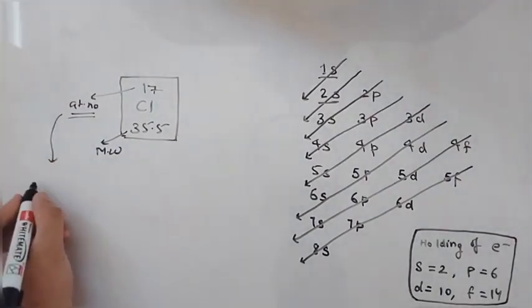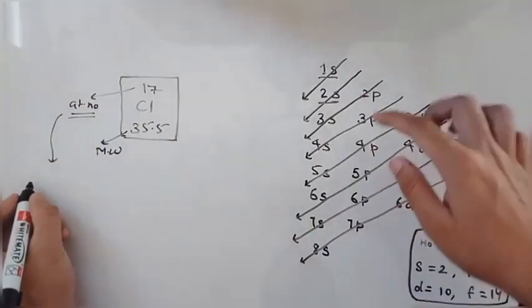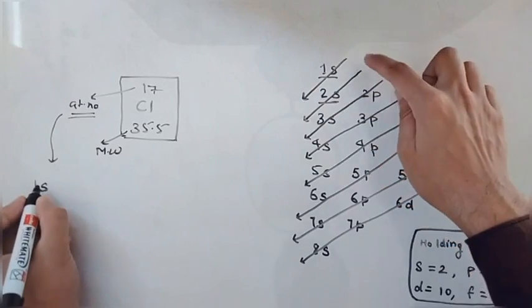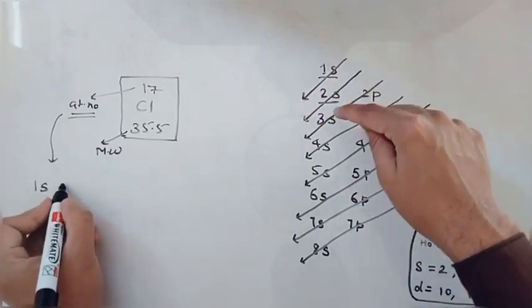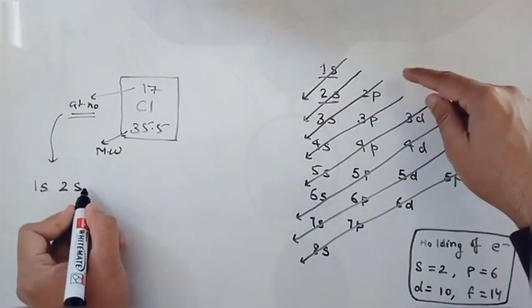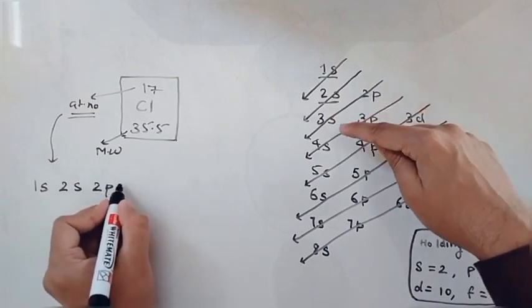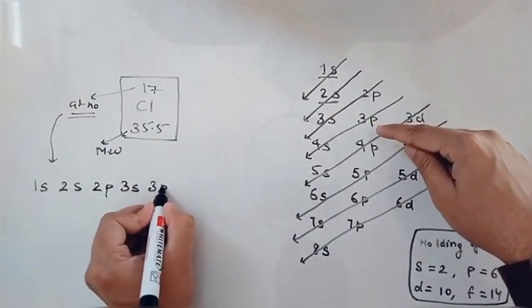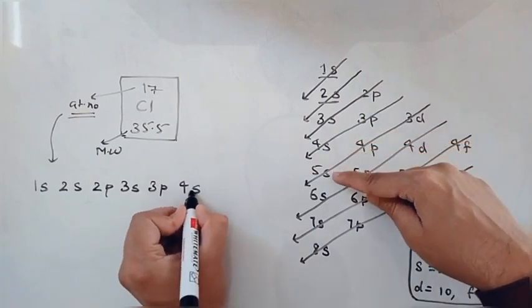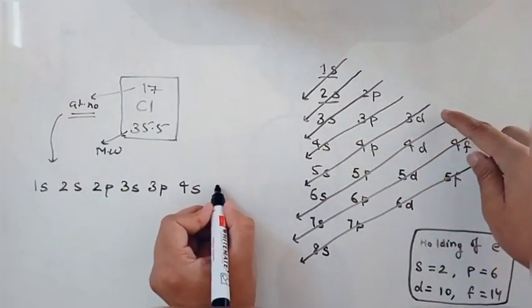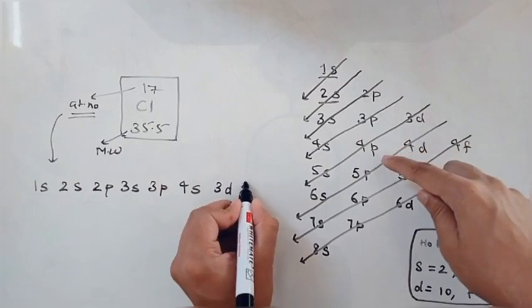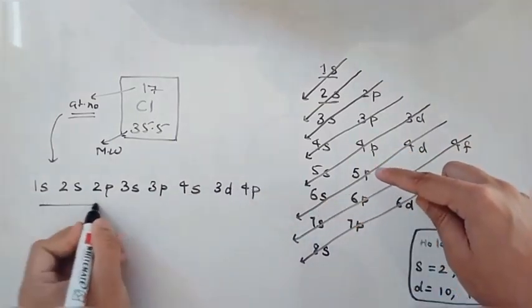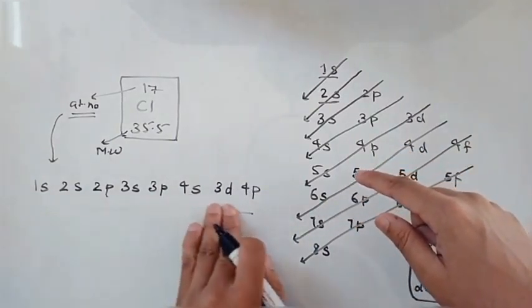So let's write 1s, the second arrow passing through 2s, the third arrow passing through 2p and 3s, the fourth arrow passing through 3p and 4s, and the next arrow passing through 3d, 4p.